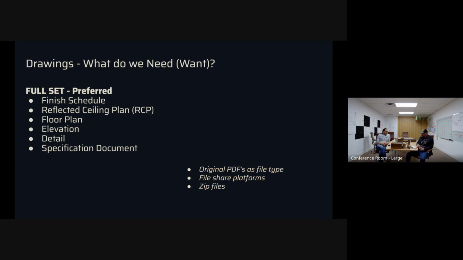Now, before we move on, I'm going to talk a little bit about what these plans are. So a reflected ceiling plan is just that. It's a top down of what it looks like, but it's the reflected version of that on the ceiling. So we get to see what ceiling they're going to put on there, whether it's ACT grid or where their baffles are, where their lights are, all that kind of stuff.